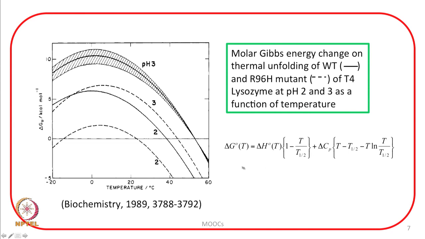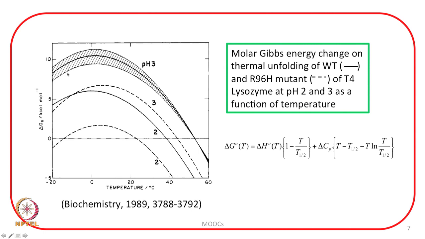So, by using this expression, the complete delta G naught versus temperature curves have been drawn from minus 20 degrees Celsius to 60 degrees Celsius.